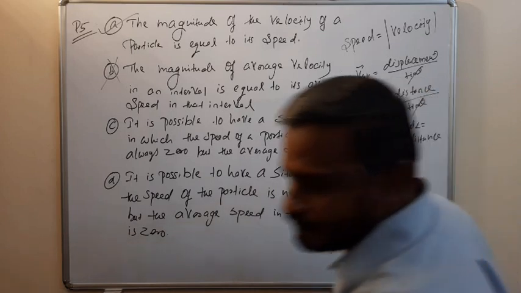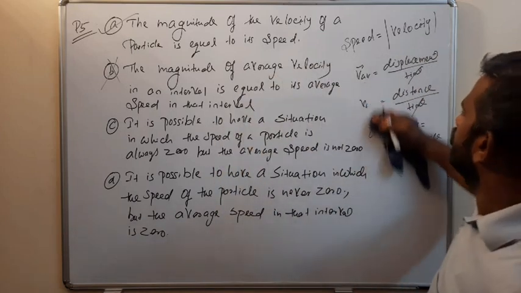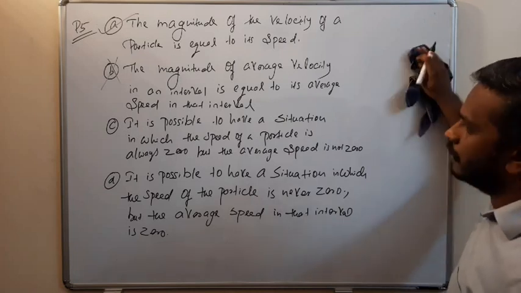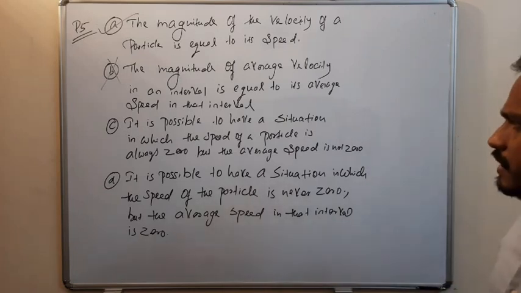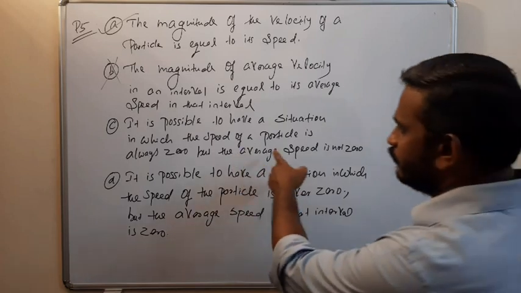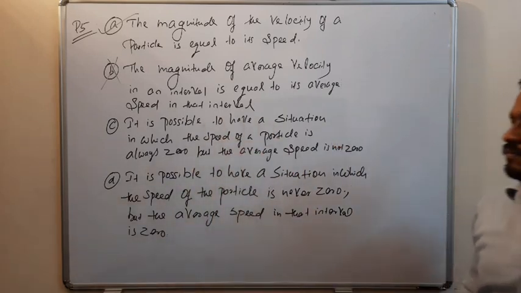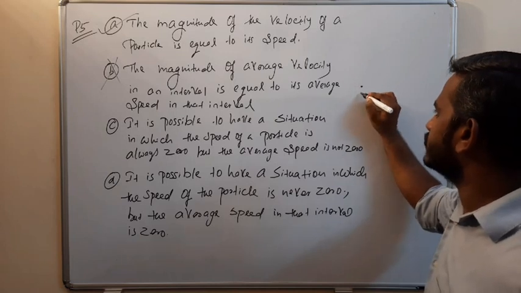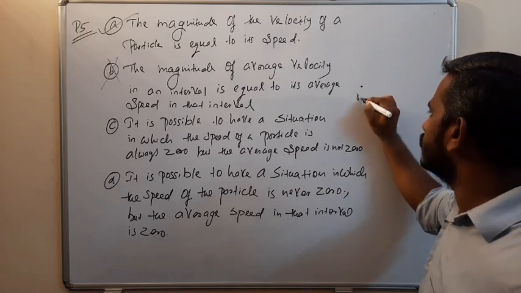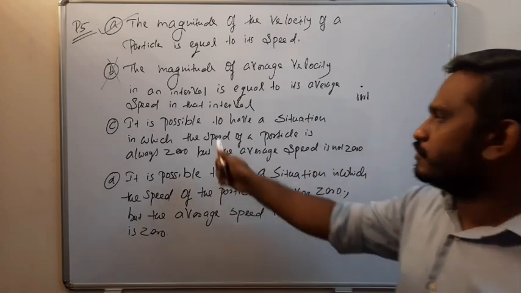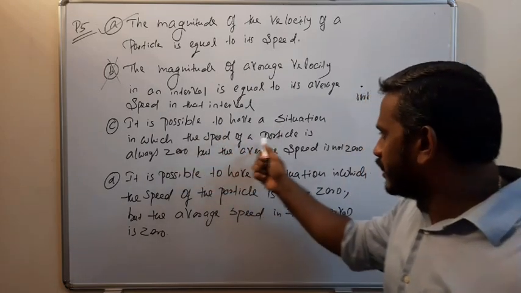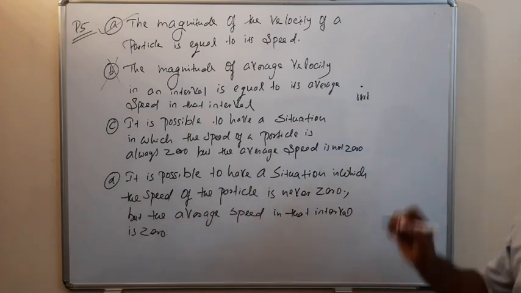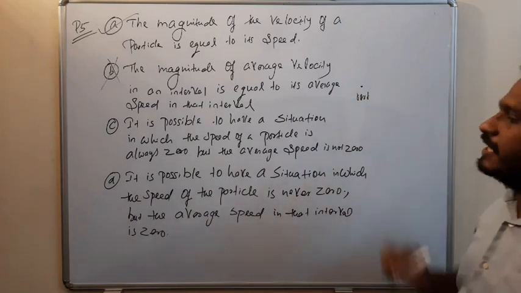Then the third one: it is possible to have a situation in which the speed of a particle is always zero, but the average speed is not zero. The speed of a particle is always zero means the object is at rest.